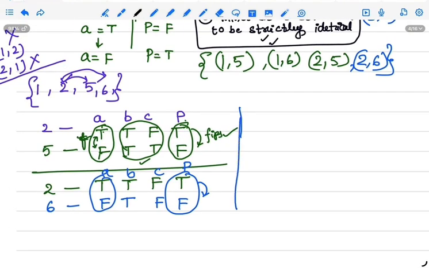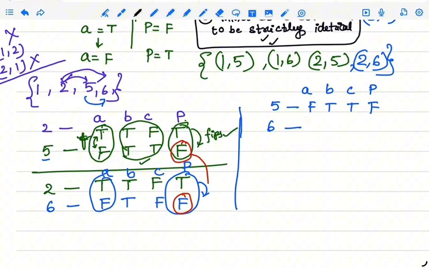So 5 and 6. So 5 is here, A, B, C and P. False, true, false. Directly you can check here also, without writing. Here P is F, it does not flip, right?